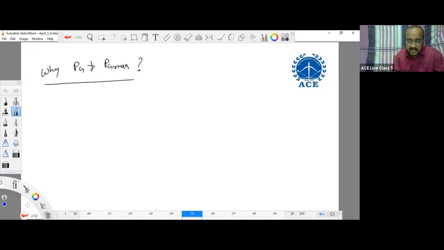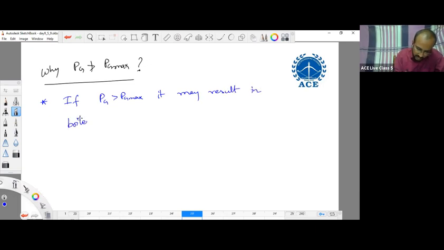So why are there limits on the maximum limit? If Pg is greater than Pg max, it may result in boiler explosion, damage of alternator or generator due to overheating.